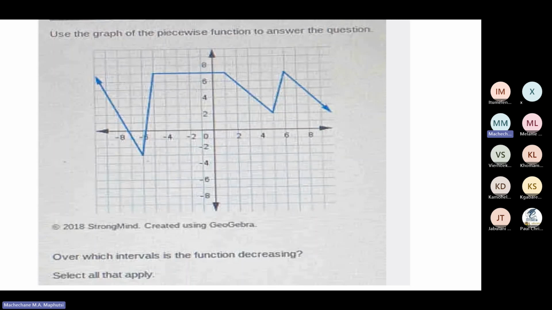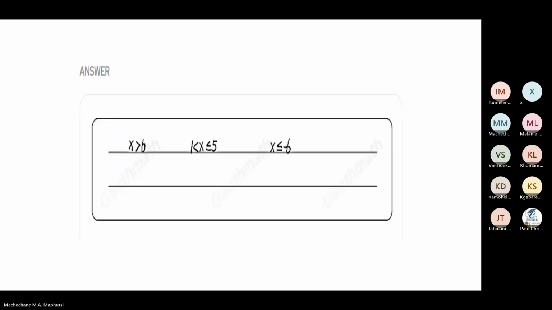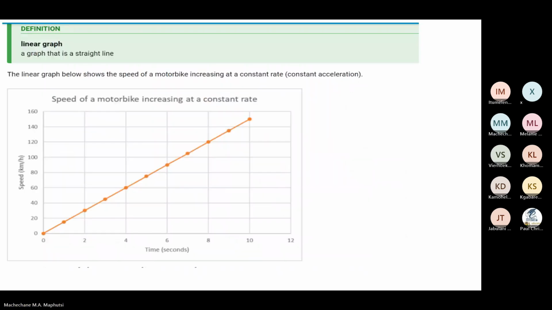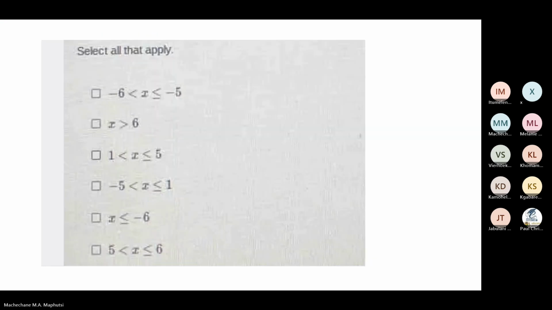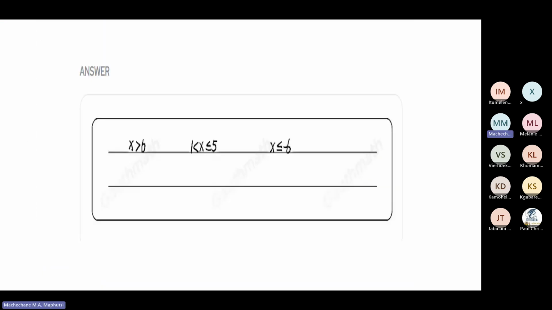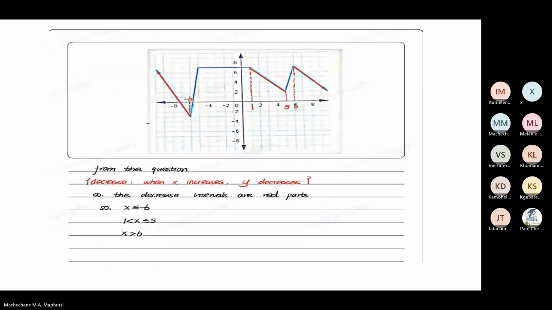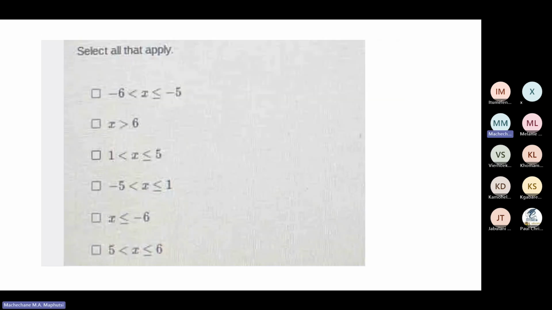Okay, is there anyone who can try to answer the question? Over which intervals is the function decreasing? Okay, these are the intervals. Which ones could you say are correct? Is it the first one?